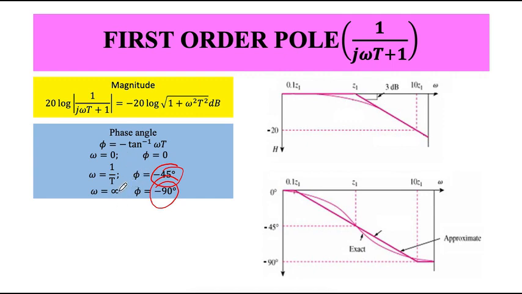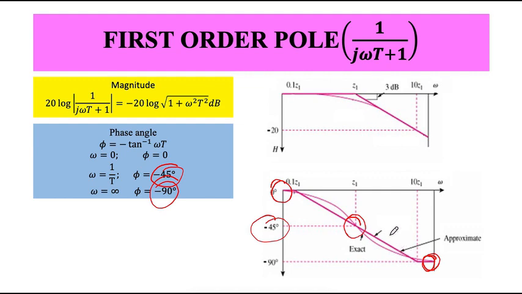When omega goes to infinity, my phase becomes minus 90. When omega is 0, my phase is 0. At corner frequency, my phase is 45. So the phase would look something like this. Again, for extra values, I could compute by substituting for omega and t. So this is the actual phasor, and this is my approximate phasor curve, right?